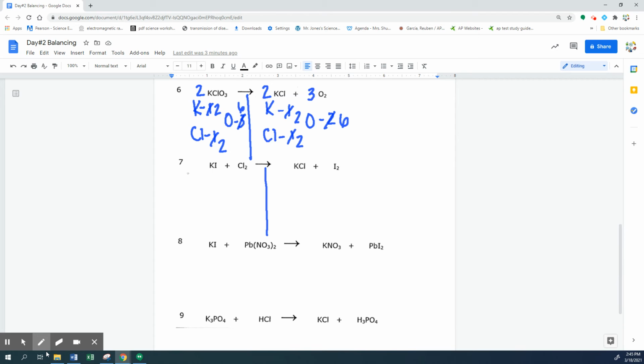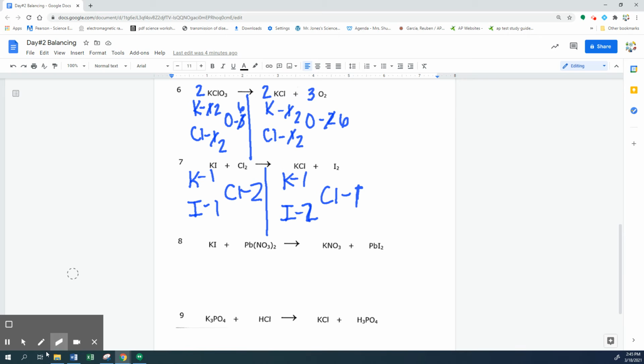In our next example, we have potassium, iodide, and chlorine. When I'm done counting, I know that my chlorine and my iodine do not balance.